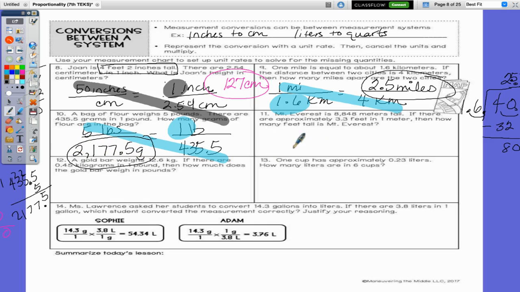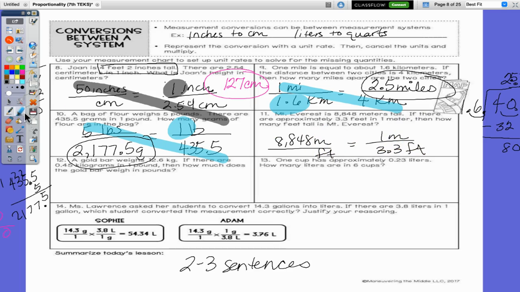Okay, last one I'm going to do with you, and then you are going to do the bottom 3 on your own. And don't forget my 2 to 3 sentences, always, always, always. Mount Everest is approximately 8,848 meters tall. There are approximately 3.3 feet in 1 meter. So how many feet are in Mount Everest? Same thing, we're going to multiply and divide.